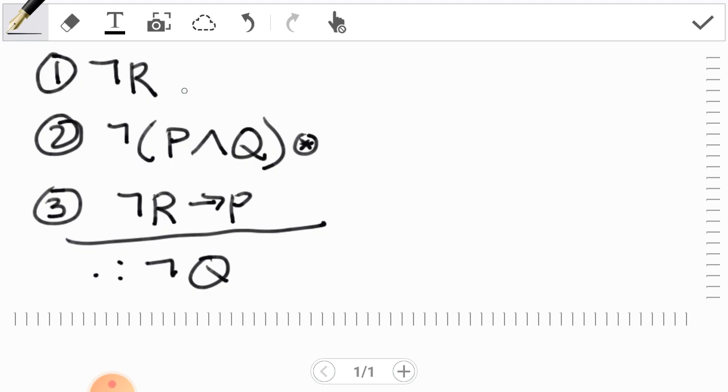And if you are going to look at premise number 1 and premise number 3, it is actually a replica of modus ponens. Look at your list. In the modus ponens, you have P implies Q as the first premise.